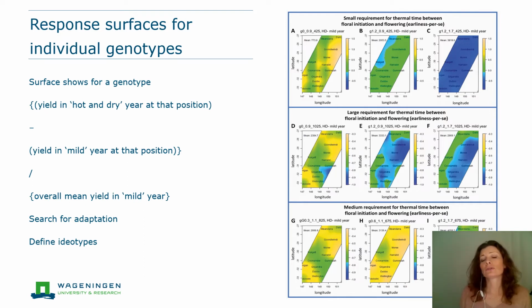Obviously, we could also have run APSIM for each individual pixel in this figure and have a high resolution grid for all genotypes. That can be done, but that's also more time consuming in the sense that we would need to have detailed information about soil for the whole region of interest, and computationally it also becomes a lot more difficult.